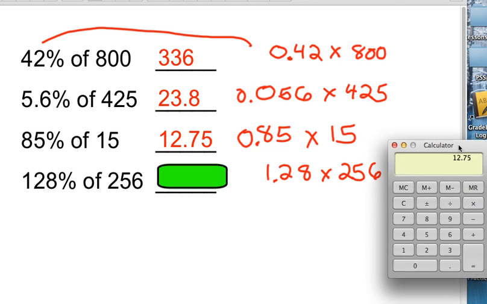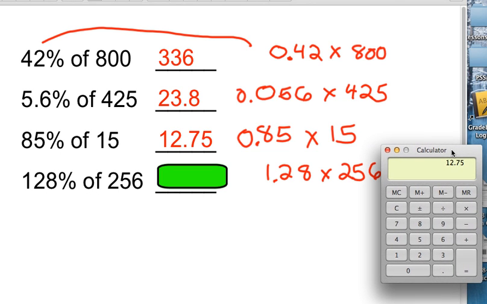When I take my calculator, I punch in 1 and 28 hundredths multiplied by 256. Whoops. 1 and 28 hundredths times 256.